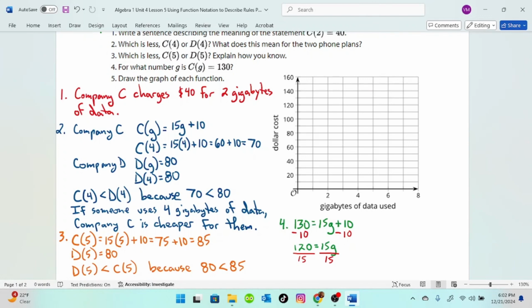And 120 divided by 15 is going to be 8. So for the answer, what number g is c of g equal to 130? That number is 8.